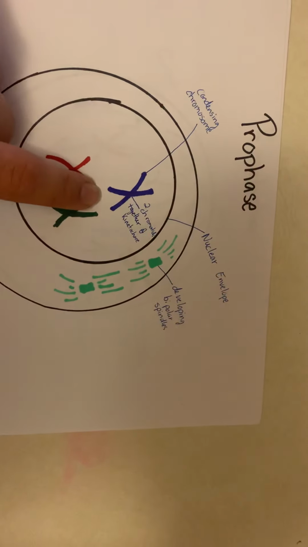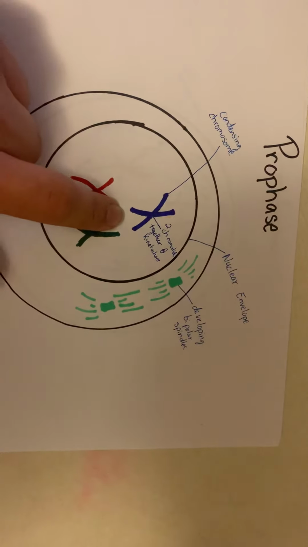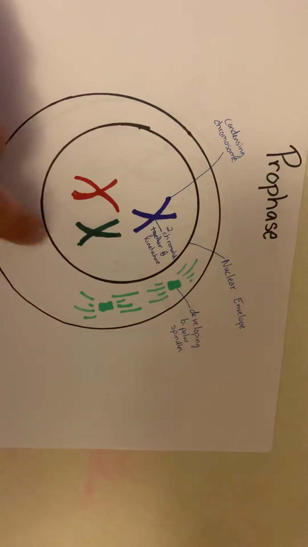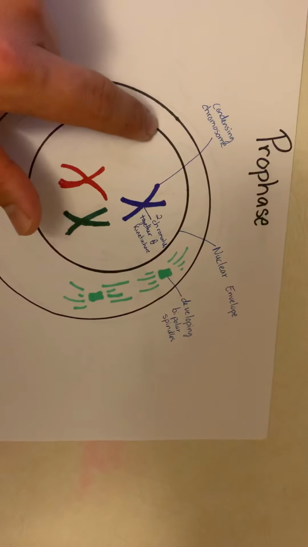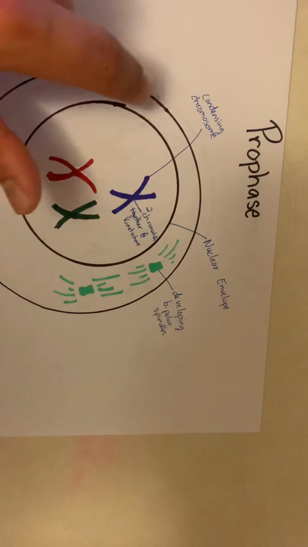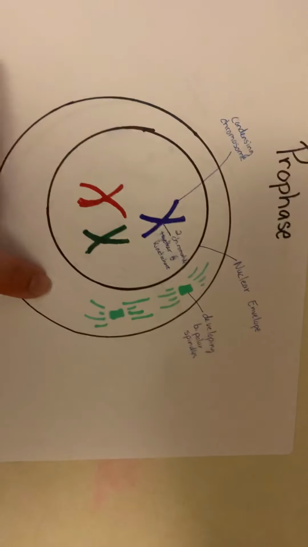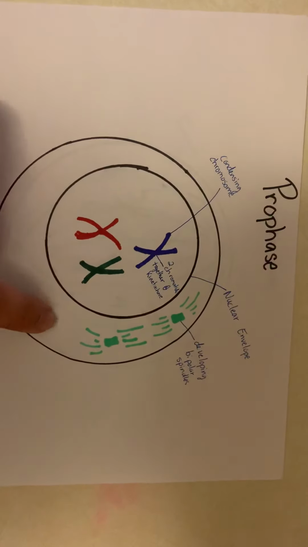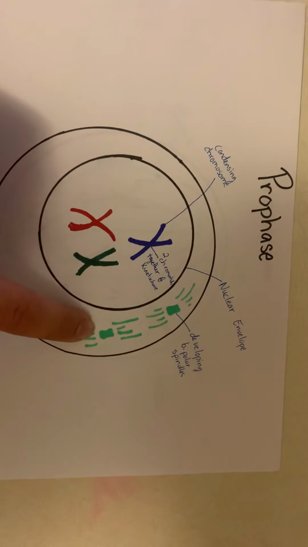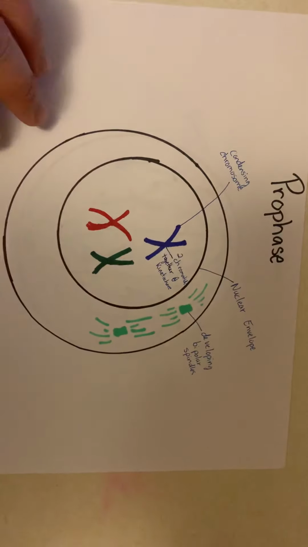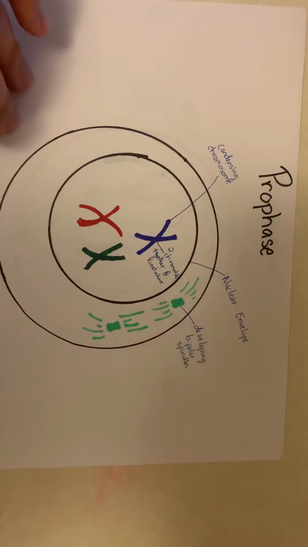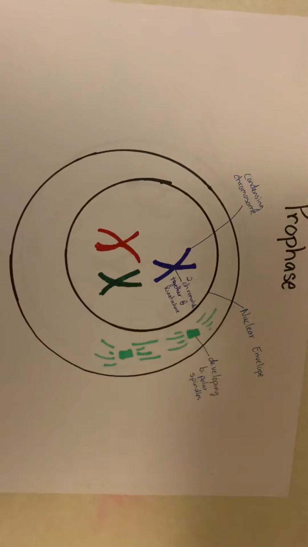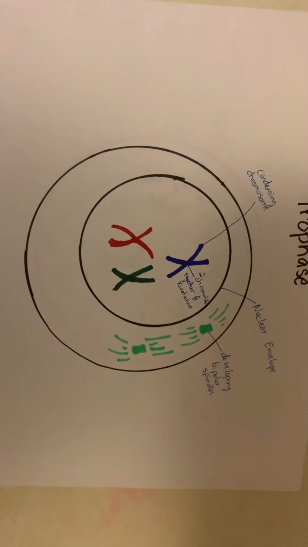And of course these are condensed at this stage, and as you can see, my nuclear envelope is represented here. I know I blew it up in proportion, but I'll be talking a little bit more about the nuclear envelope as we go. And you can also see my developing bipolar spindles, because they're still not bipolar yet because they're next to each other. So after prophase, we'll be getting into the prometaphase.